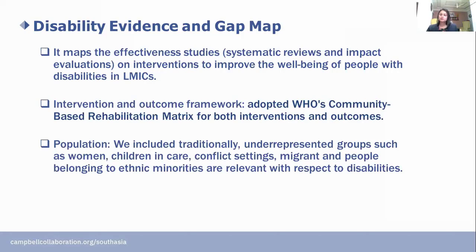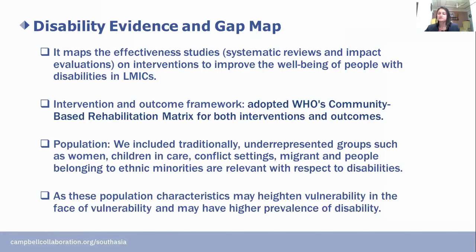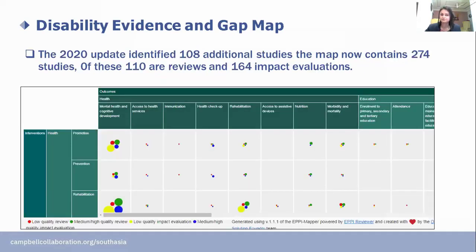And of course, we included people with disabilities as a population, but we also went ahead and included traditionally underrepresented groups like women, children in care, conflict settings, migrants, and people belonging to ethnic minorities, because they are considered to be more disadvantaged. And of course, the prevalence of disabilities tends to be higher in those population subgroups.